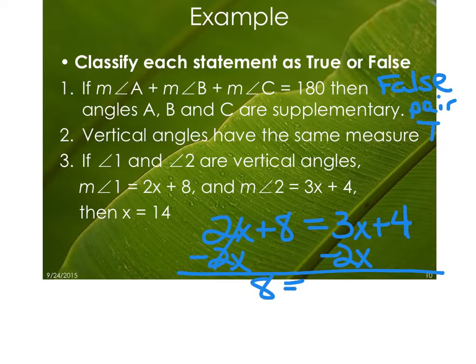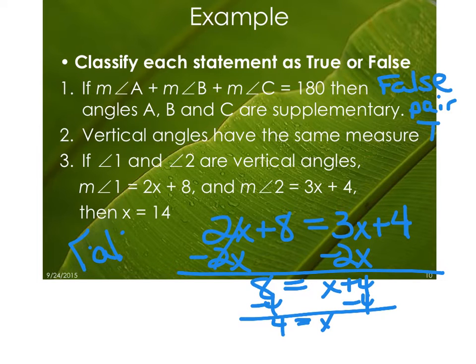And I get 8 equals x plus 4. Subtract 4. And I find out x equals 4, not 14. So this one is false. Any questions on these true false?